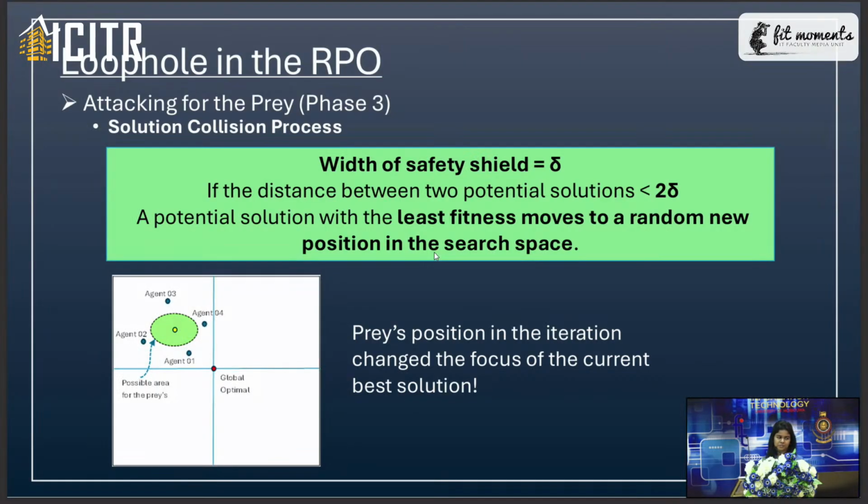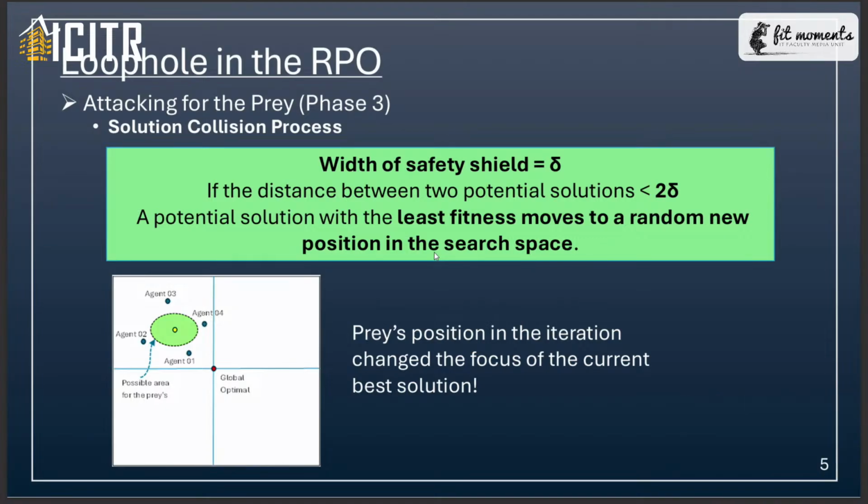Why does this occur? The reason is that in the last phase, there is a special scenario called solution collision. When we move toward the prey, there is a risk of losing our potential solution because of crowding. To avoid this, they introduced a parameter called the safety shield.